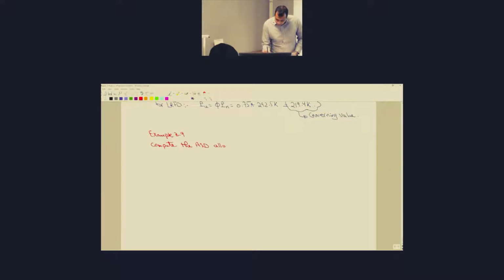allowable tensile strength of the shown angle.